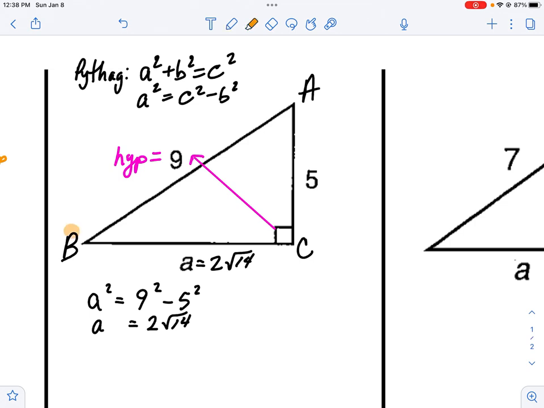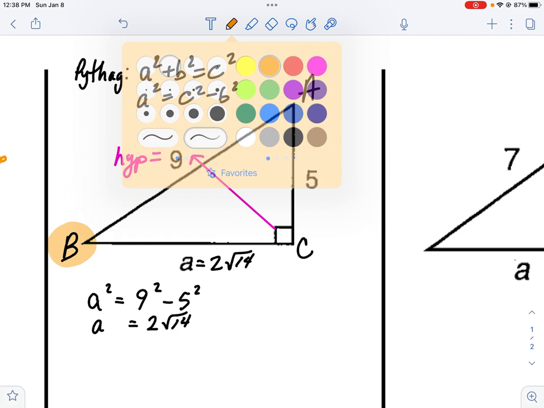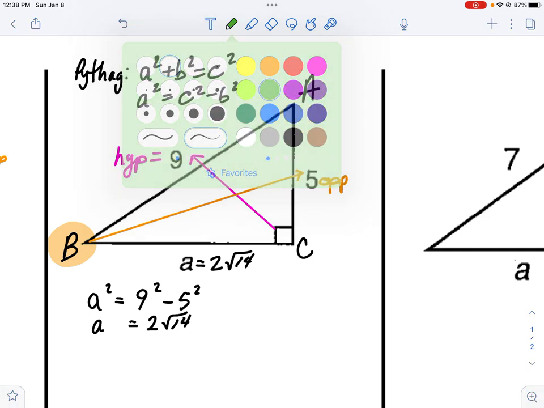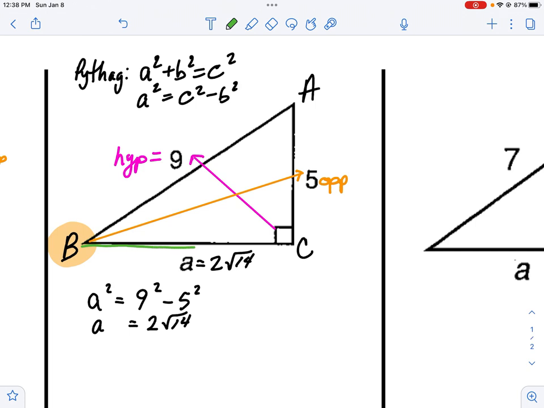We are going to find the angle at B. So this is the opposite side, and the side that touches B is the adjacent side.